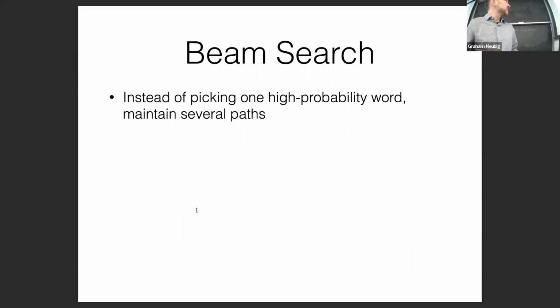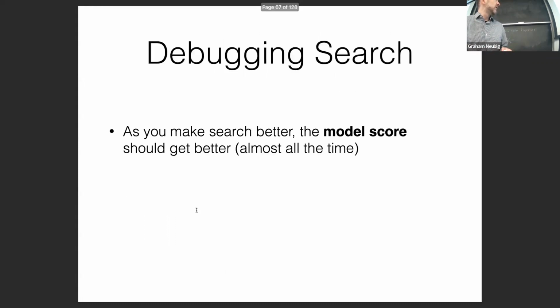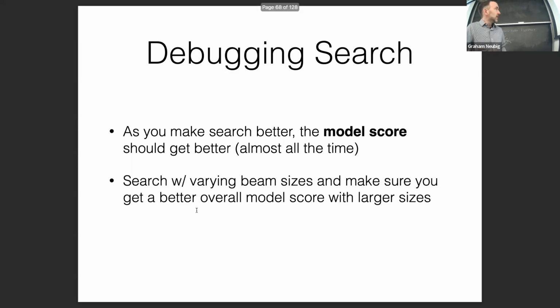Beam search is a little bit more tricky. We talked about it before, but one thing you can do is, as you make search better, the model score should get better almost all of the time. So you can search with varying beam sizes. You can increase your beam size and make sure that when you do, you get a better overall model score with larger beam sizes.